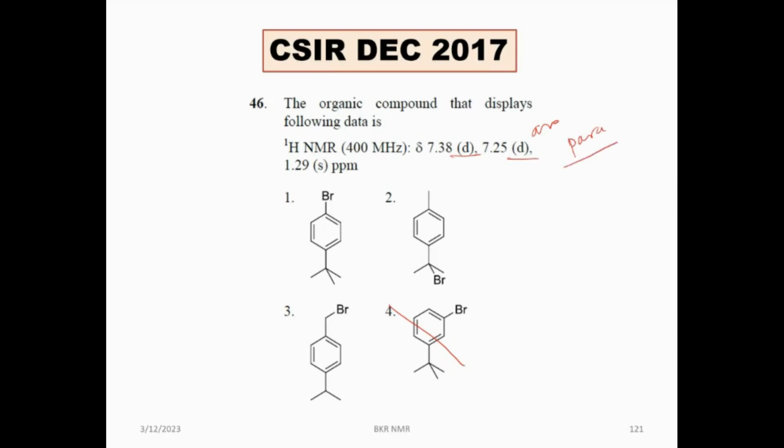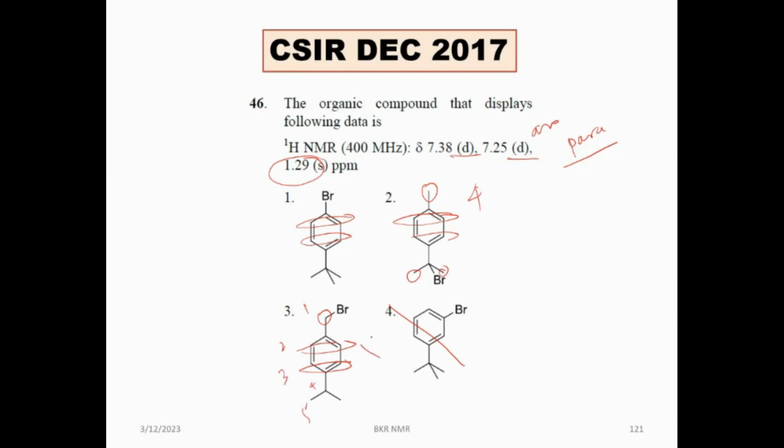Next, the aromatic region is only para substituted, therefore it will be this, this, this and this. That's all. Then in the aliphatic region there is only one signal. In the problem we saw, this will give one signal, this will give one signal, so here you will have totally 5 proton NMR signals.